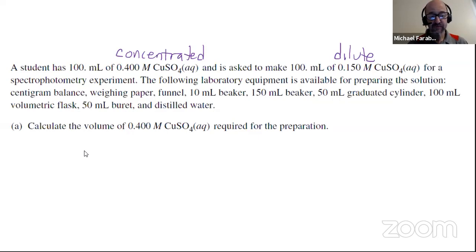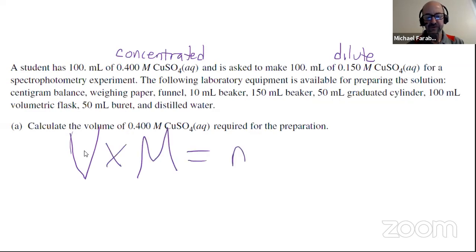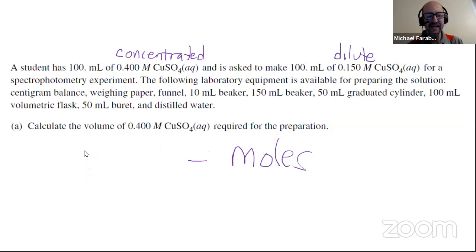You should know that when you are given volume and molarity, assuming that your volume is in liters, volume times molarity equals moles. Okay, so we're going to calculate the volume of this concentrated solution that is required to prepare the dilute solution.